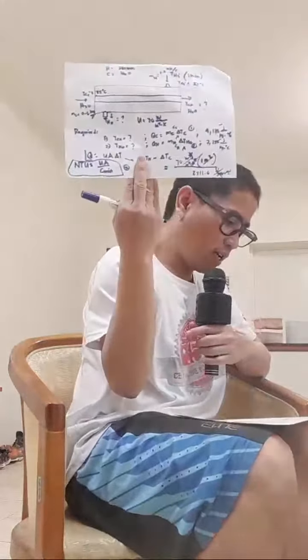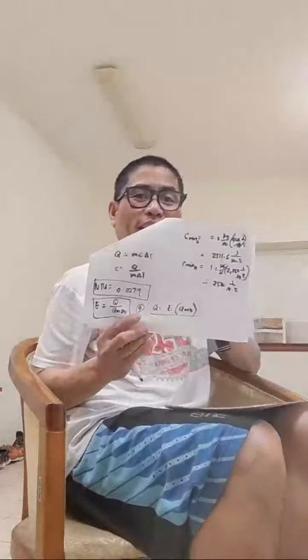Okay, so let's say exponential of NTU. NTU, our value here, is somewhere like this. We compute the value first because we already have the values plugged in. So 70 times 1 divided by 2511.6 is equal to 0.0279, rounded off.